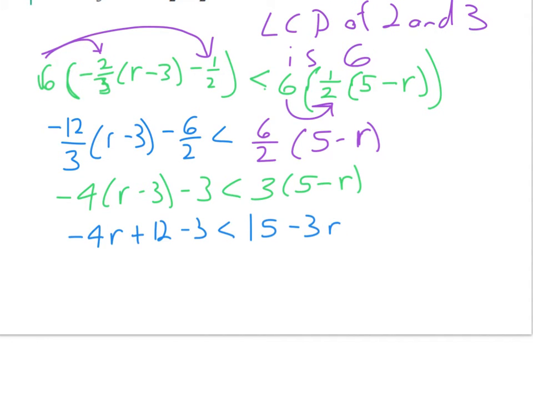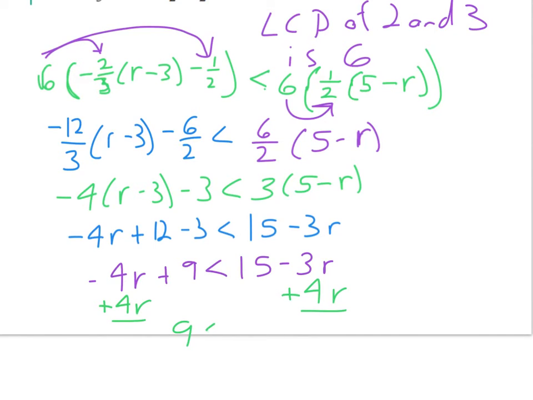So combining the 12 and the minus 3, so I get plus 9 is less than 15 minus the 3r.